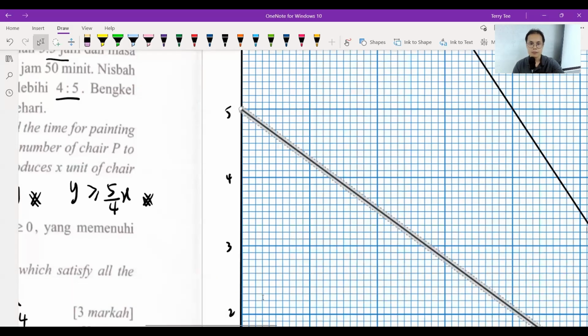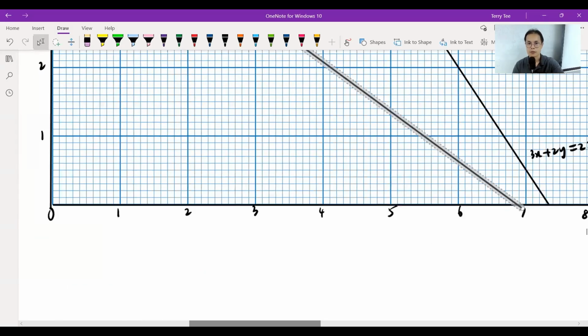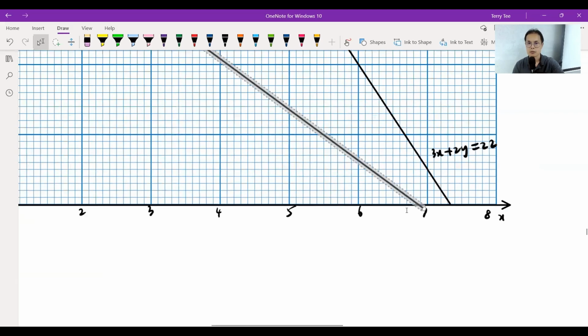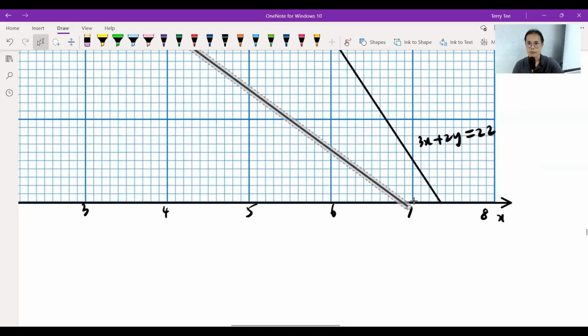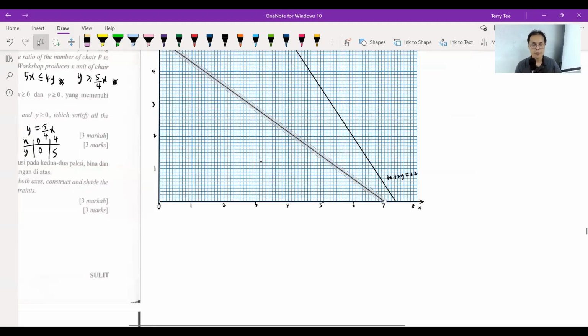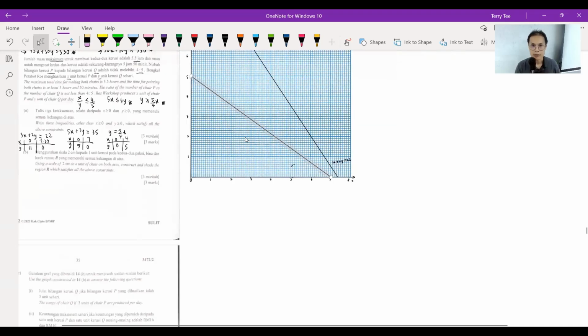So here, 7, 0. So this line, as we know, is 5x + 7y = 35. Okay, the third one is y equals 5 over 4 x.